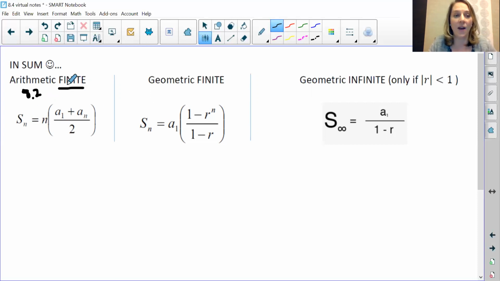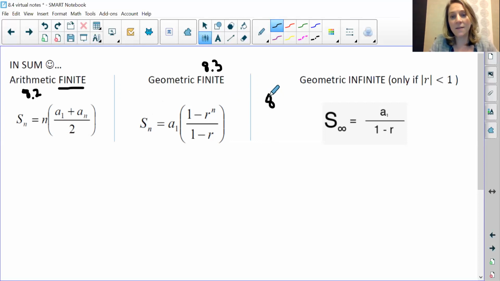So we have an ending, we've got this formula. Geometric finite, well, that's 8-3 where we learned about geometric sequences, which then brought us to geometric series when we actually start adding things. And here was our formula for geometric finite.